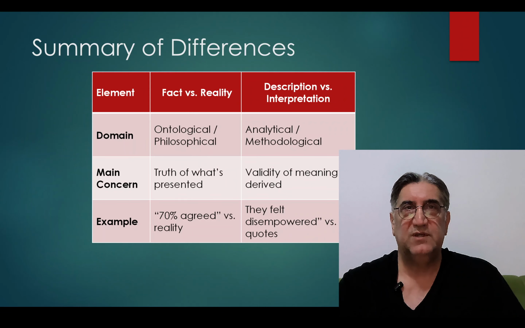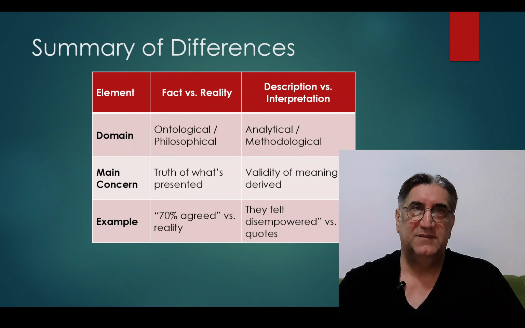This is a description, a raw statement of what happened. But if the researcher then writes, "the participant felt disempowered," they are offering an interpretation. The key question for critical reviewers is, is that interpretation justified by what was actually said? Is there evidence in the data to support such a conclusion? Or is the researcher reading too much into it?